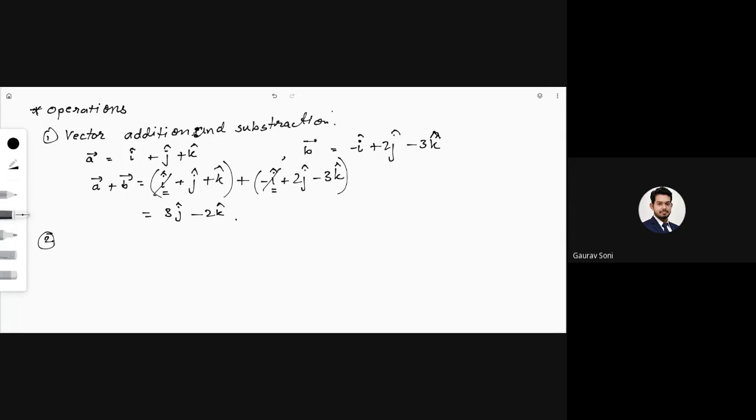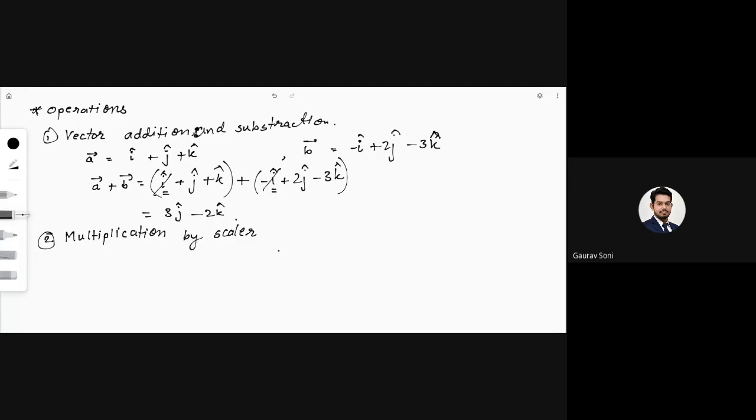Now multiplication. There are different types of multiplication in vectors, so we will see all of them. First, scalar multiplication, multiplication by a scalar. What do we mean by scalar? It is just a simple number that you have studied till now.